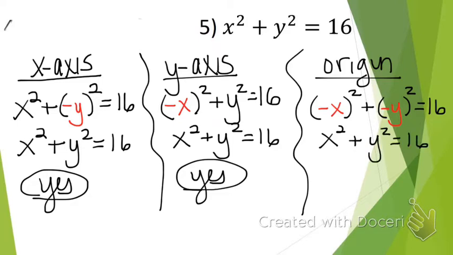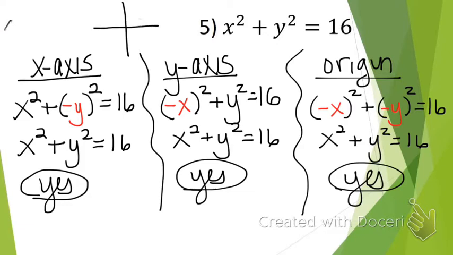So this equation has symmetry with the x-axis, the y-axis, and the origin. I don't know if you recognize what this equation represents, but this is actually a circle. And if you think about it, it makes sense. This circle has a center at the origin, and the radius is 4.